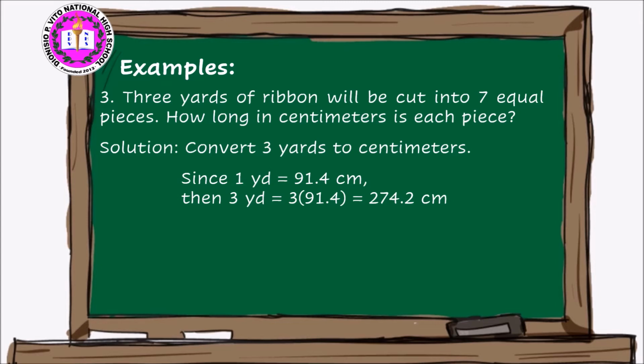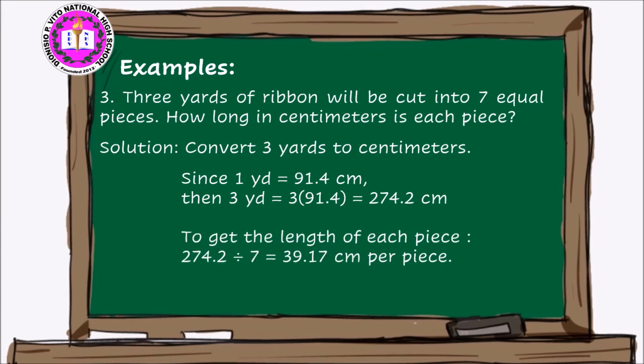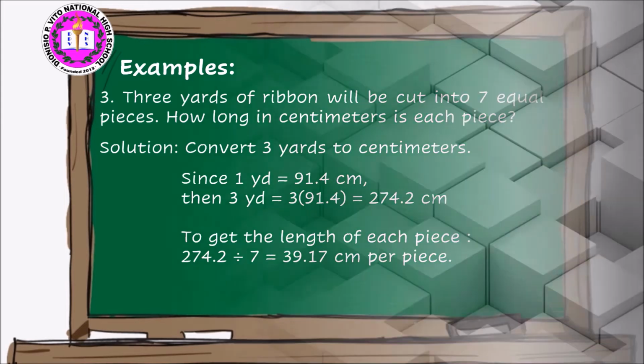Therefore, 3 yards is equal to 274.2 centimeters. To get the length of each piece, we're going to divide 274.2 by 7, which is equal to 39.17 centimeters per piece.